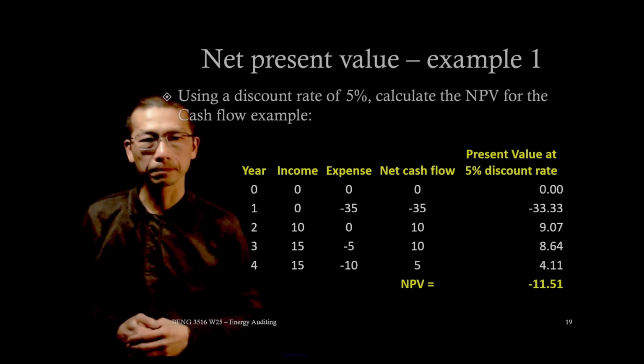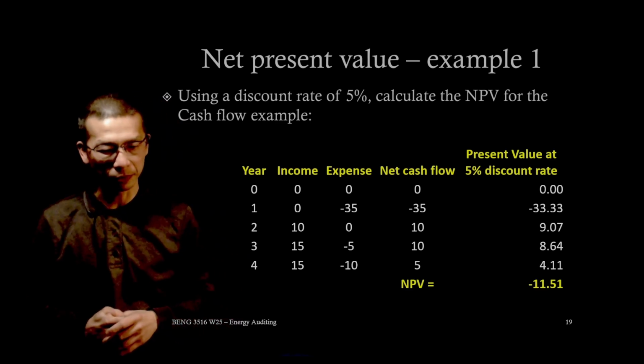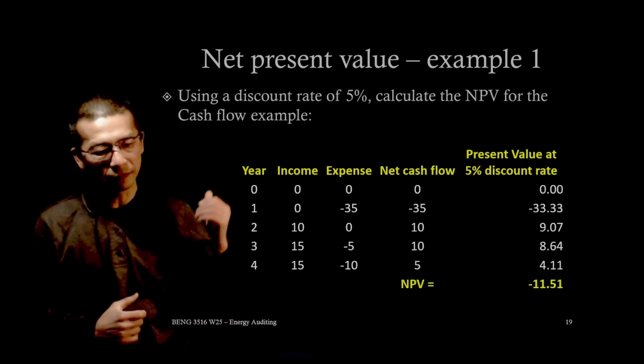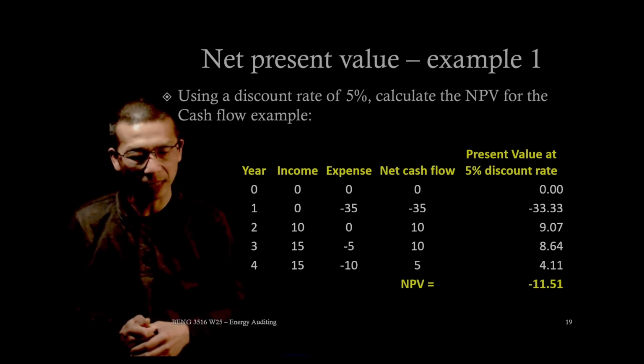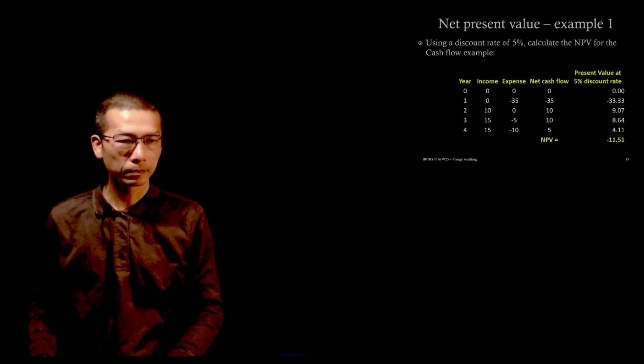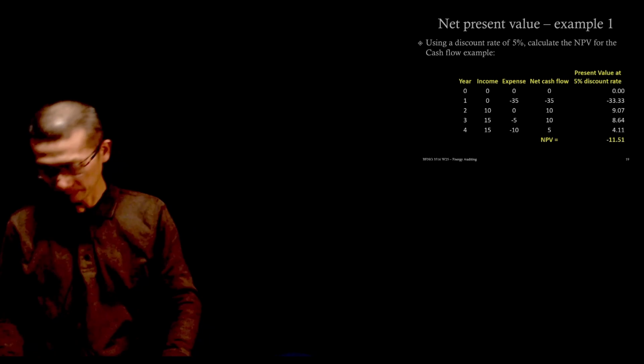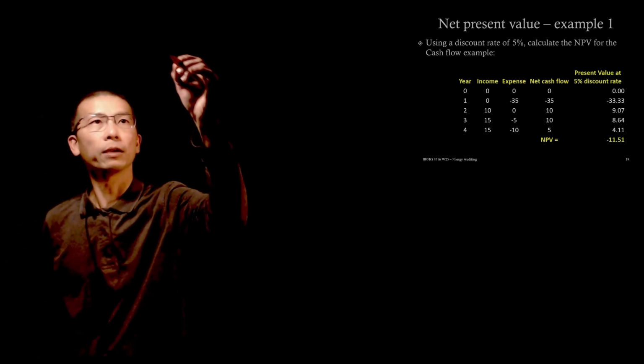Okay. Net present value example. Using a discount rate of 5%, calculate the net present value for the cash flow example. Okay, let's do the example. I'm going to write the equation down here.